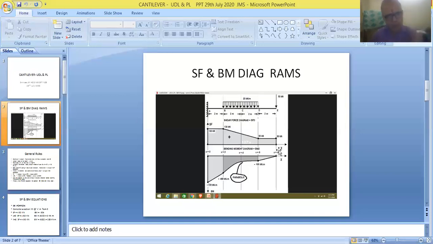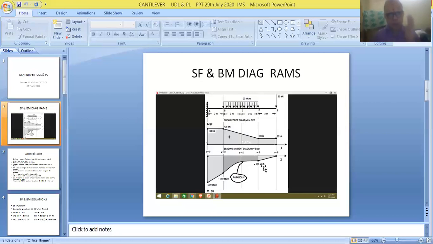If the loading diagram is given, straight away we can start. If it is not given, we have to read and understand the problem, and prepare this loading diagram as per the information given. Then only will you be in a position to start doing the problem.